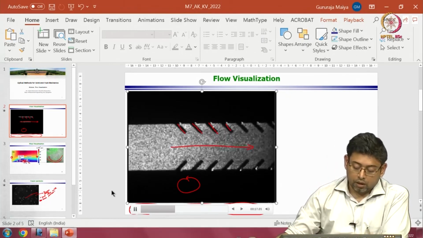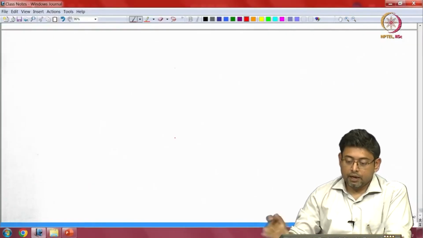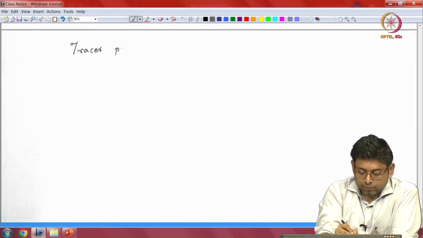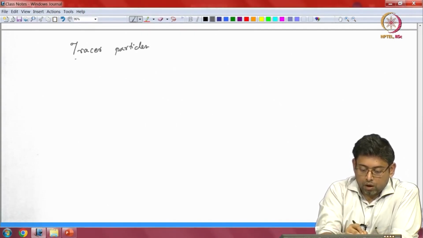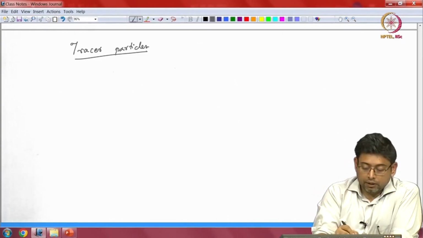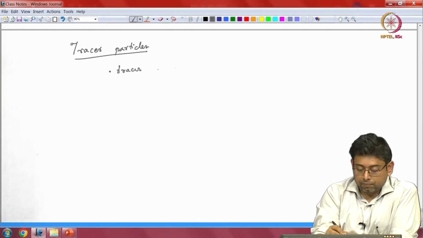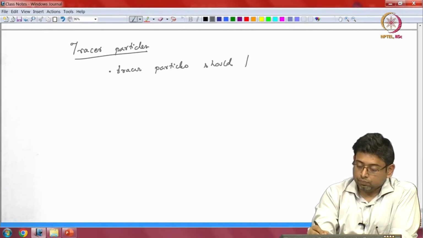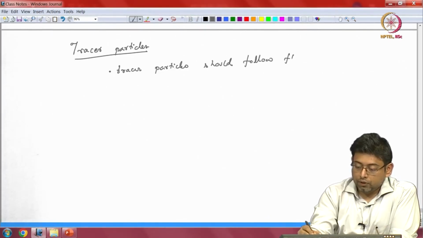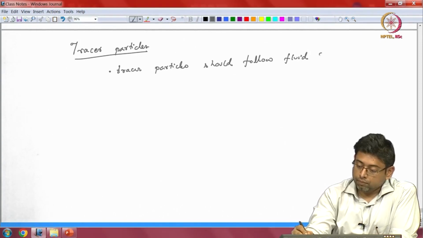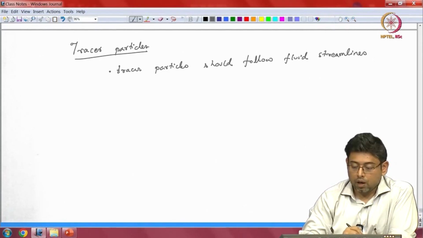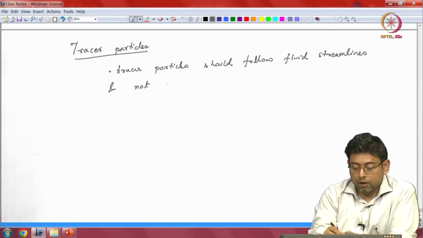So, what I need are tracer particles, and the assumption is going to be that tracer particles should follow fluid streamlines or fluid particles as they move, okay, and not separate paths and not some of their own path.